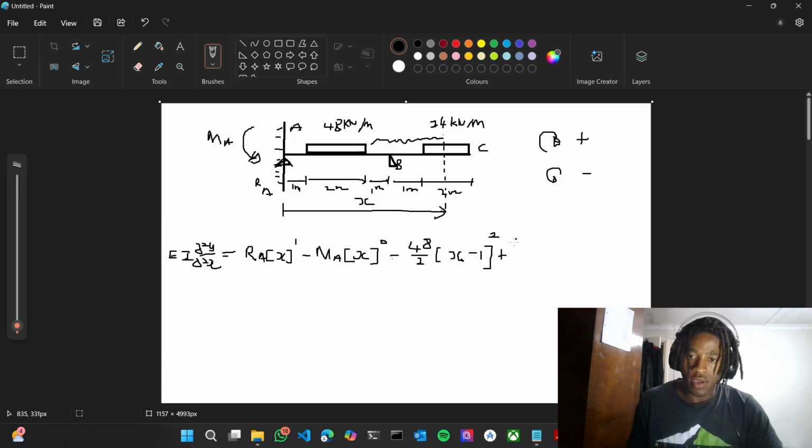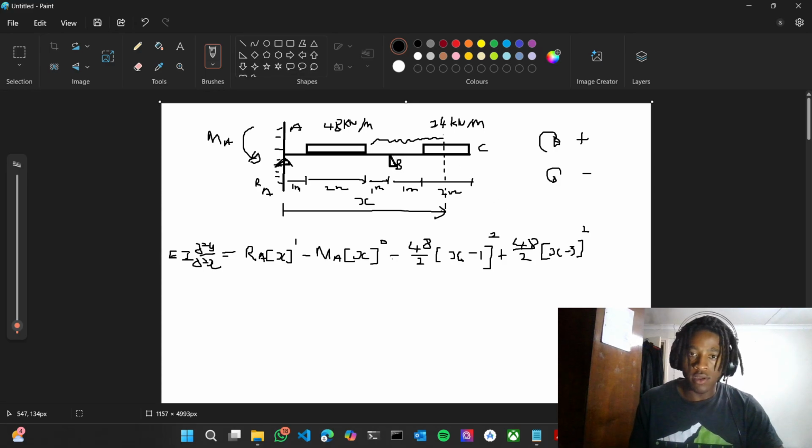So it's going to be 48 again, because it's the same UDL, the same weight distribution, divided by 2, and now it's X minus this distance here, because this is the only distance that UDL covers. So it's X minus 3 meters, minus 3 raised to the second power.